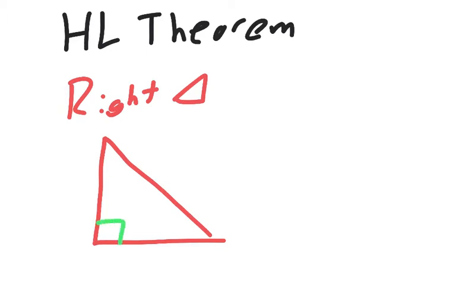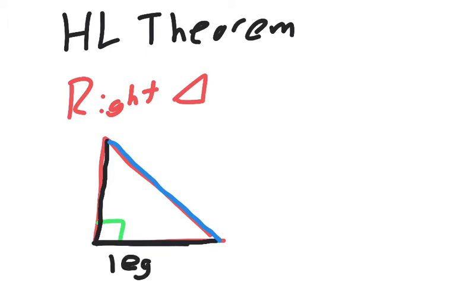Okay, so in order to use the hypotenuse leg theorem, we need to know what the hypotenuse and the legs are in this triangle. So in a right triangle, we have three sides, right? You have the two sides that are touching the right angle, and then you have the side that is not touching the right angle. Does anybody remember what we call those sides? The ones that are touching the right angle, those are called legs.